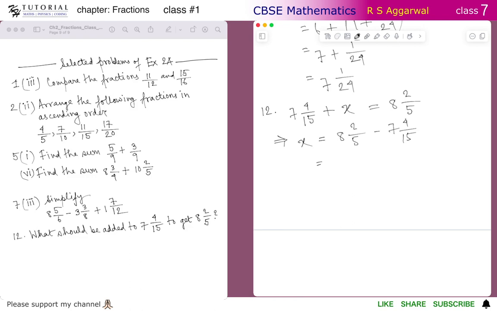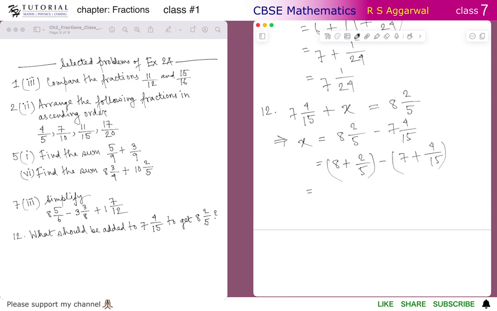Let's split the whole part and the proper fractions. We get 8 plus 2 by 5 minus 7 plus 4 by 15.